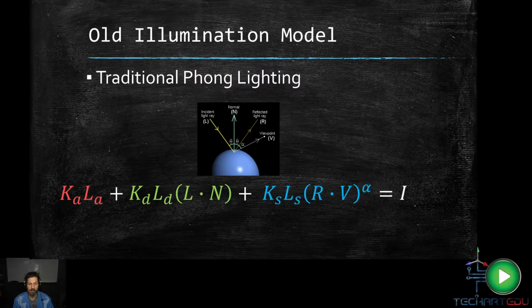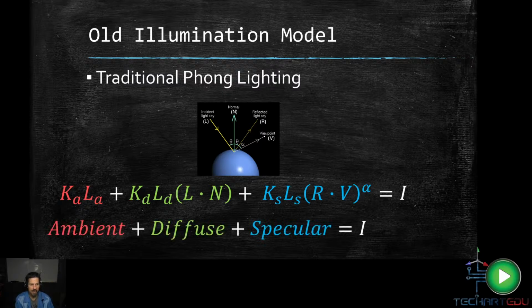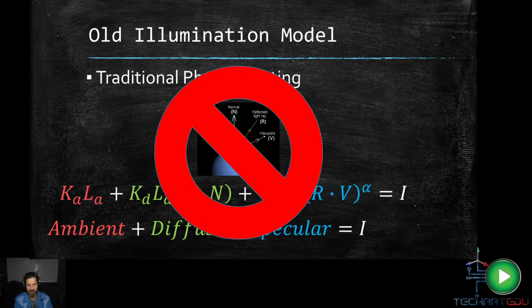Then you have the blue, which is the specular component, which gives that bright hot spot. That depends not only on the angle of the light hitting the surface, but also the angle of the camera looking at it. So the ambient, the diffuse, and the specular together equal the intensity of the pixel we're currently looking at. Guess what? That was the old illumination model, no longer valid anymore.